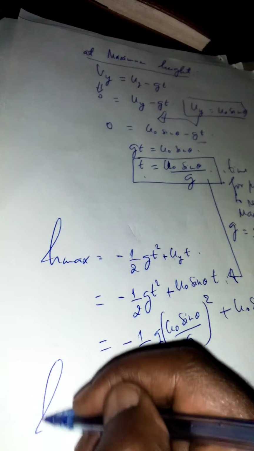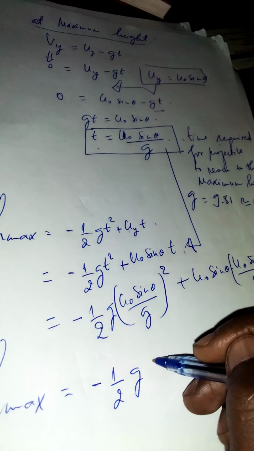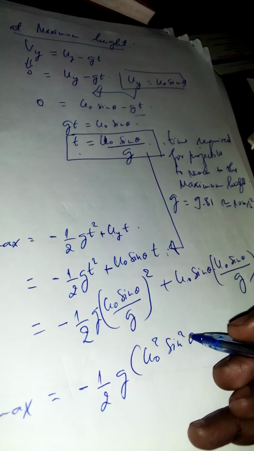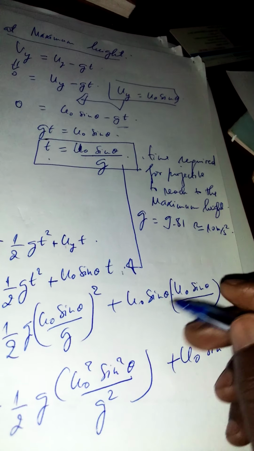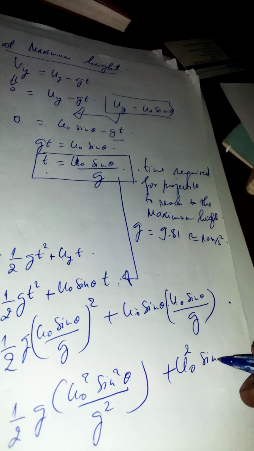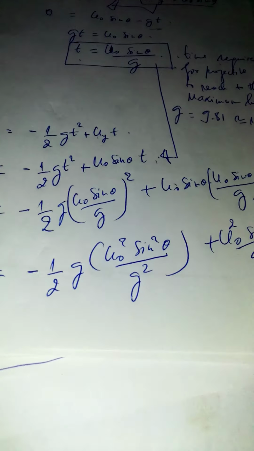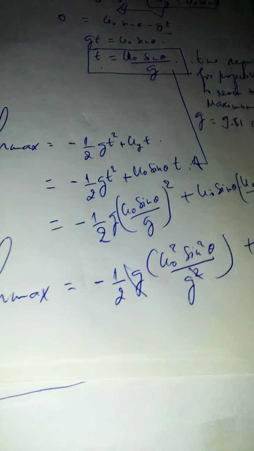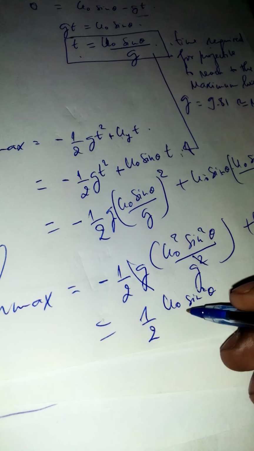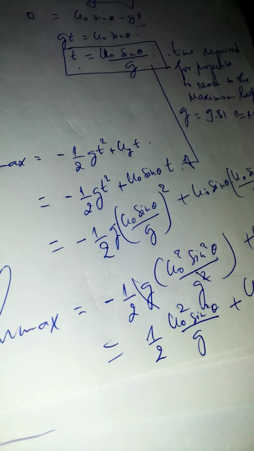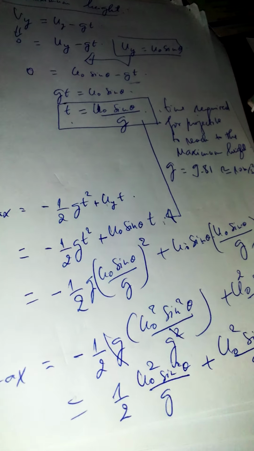So finally, we find that the maximum height is equal to minus 1 over 2g u0 squared sine squared theta over g squared, plus u0 squared sine squared theta over g.